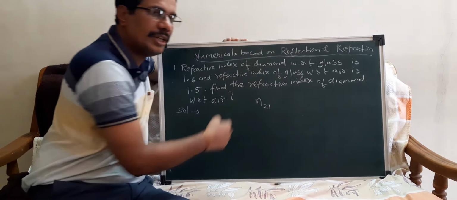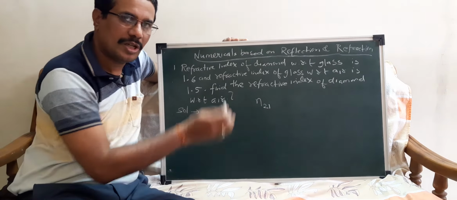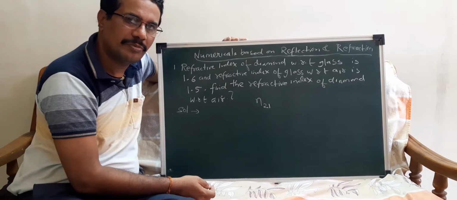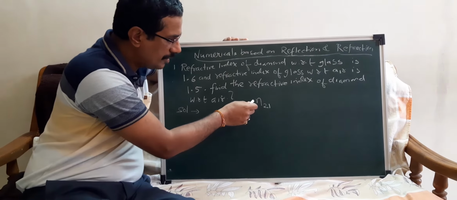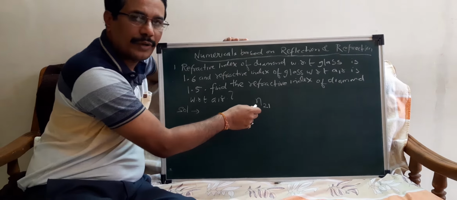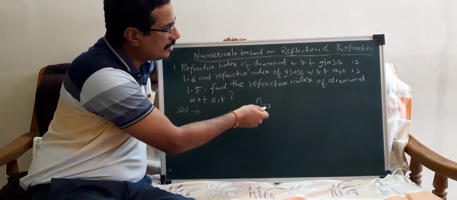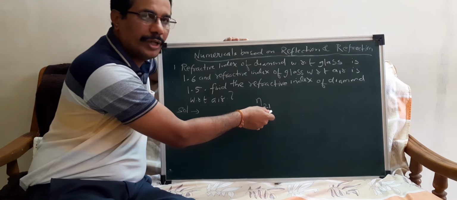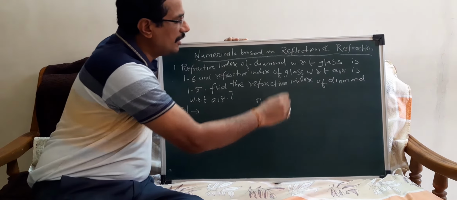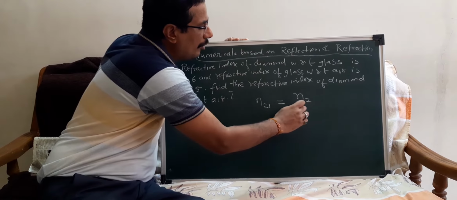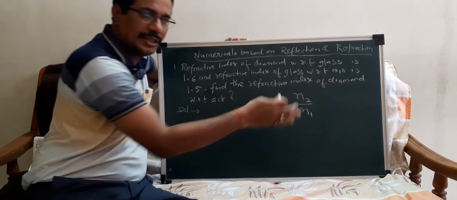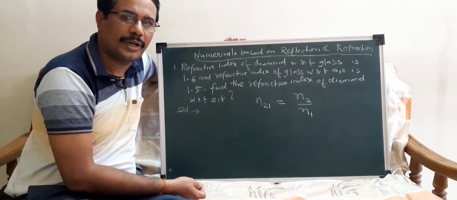So if you want to calculate the refractive index of glass with respect to air, that means how much the glass medium can bend the ray of light, that you want to calculate. The formula is N21. N stands for refractive index. The refractive index of the second medium, that is glass, with respect to air is equal to, this general formula is, the refractive index of glass upon the refractive index of air. This is the general formula to calculate refractive index.